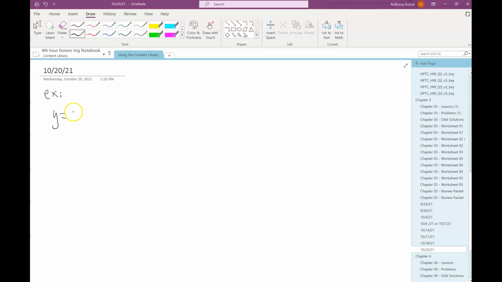So let's say we have y equals, I don't know, -2 tangent of x over 2 minus x over 8 plus 1 or something.